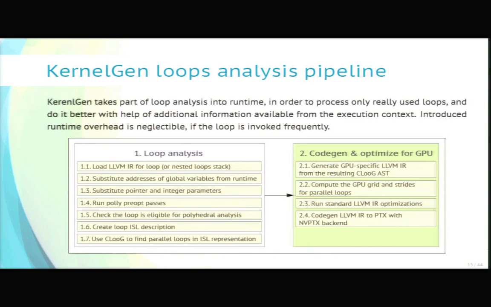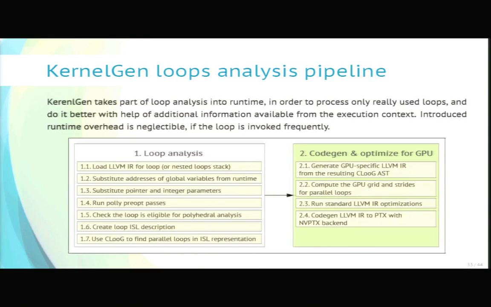The key things about our loop analysis pipeline are, as mentioned, substitutions of pointers and integer parameters to determine the actual memory ranges. Then we use the polyhedral analysis tool for LLVM, Polly, which can say basically if the loop iterations are dependent or independent.